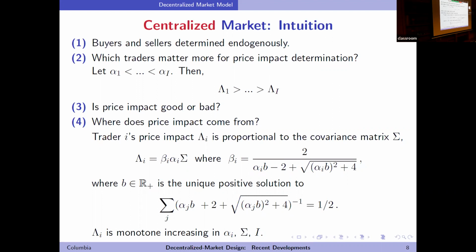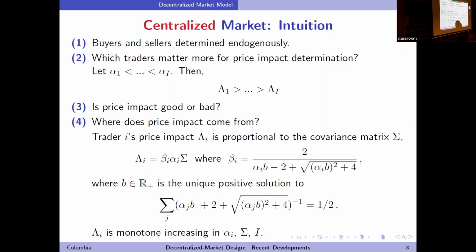Intuitively, these are traders with a more elastic marginal utility. These traders will be willing to absorb a larger fraction of my deviation of my demand for a given price concession. So that's intuitive. They matter more for my price impact determination.